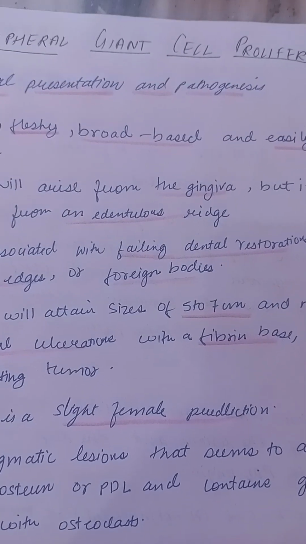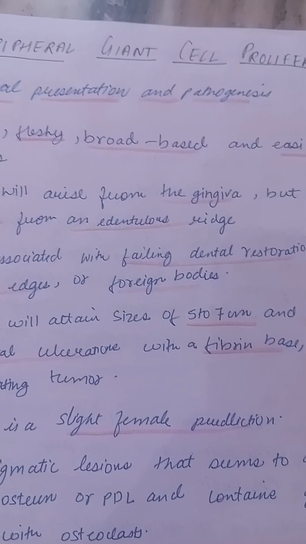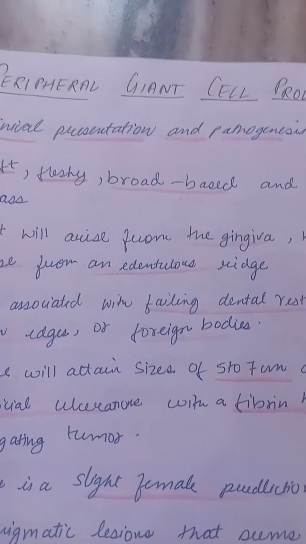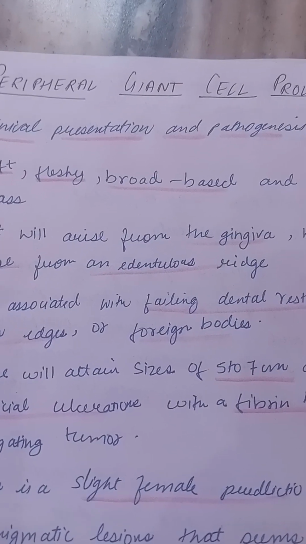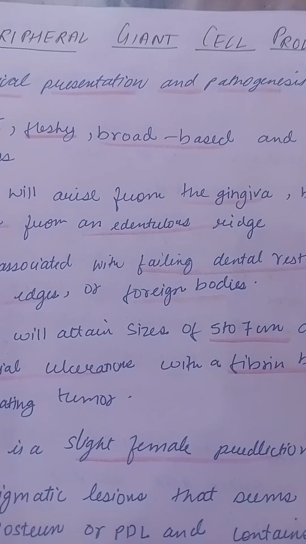Third, we have seen that it arises from interdental gingiva and it occurs at any age. Then we have seen that it is a red purple color mass, can be ulcerated sometimes, and it can also occur on lips, tongue or buccal mucosa.